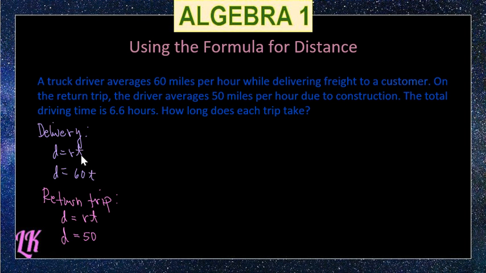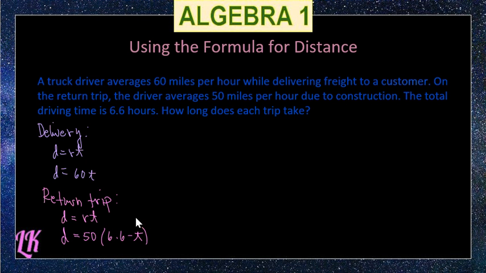So then, if we let t be the time for the delivery, then for the return trip, it should be 6.6 minus t.